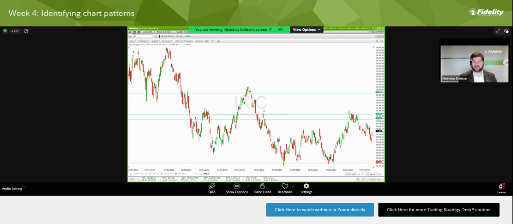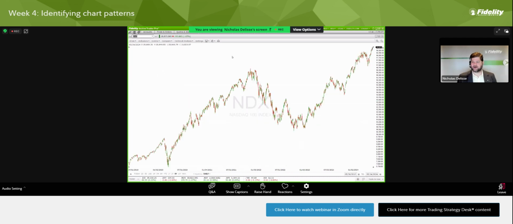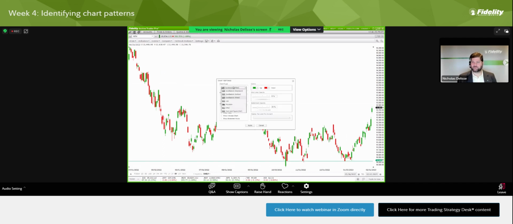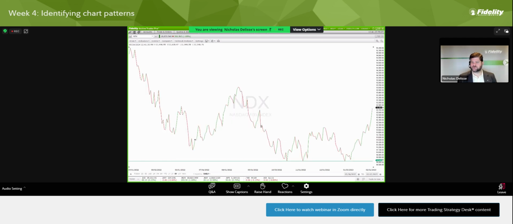If we do see how NDX lines up on here, it's about the same. You know, we have that funky candle right there. And I'm actually going to shift settings real quick to a line chart so you can see this better.